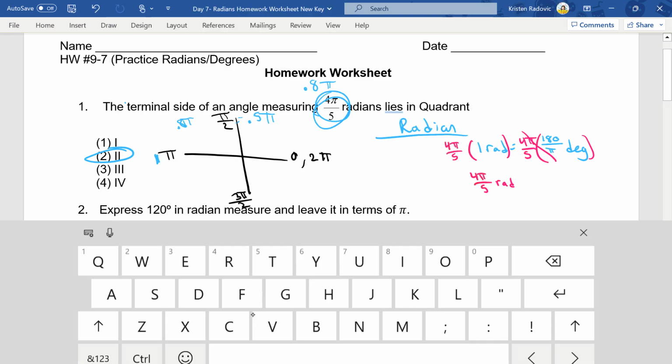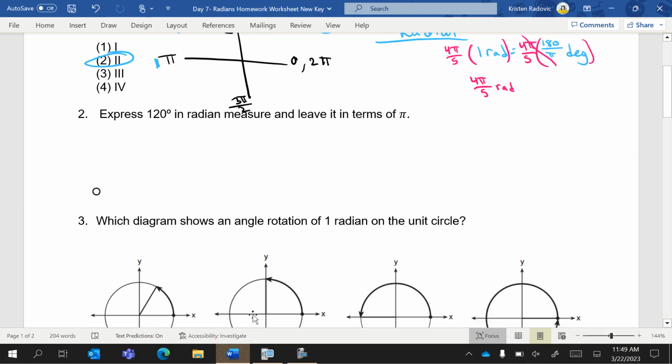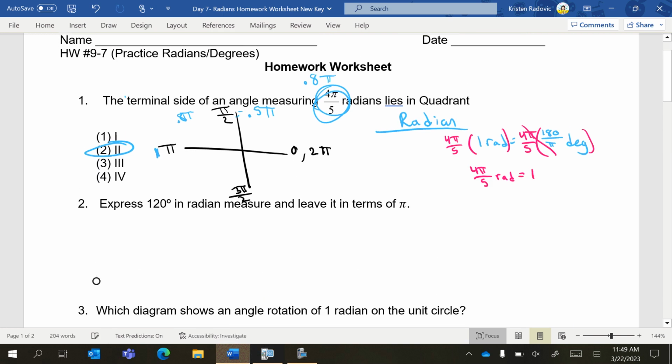And your calculator tells you that's 144 degrees. And we know 144 degrees is in between 90 degrees and 180 degrees, so that's still in quadrant 2.